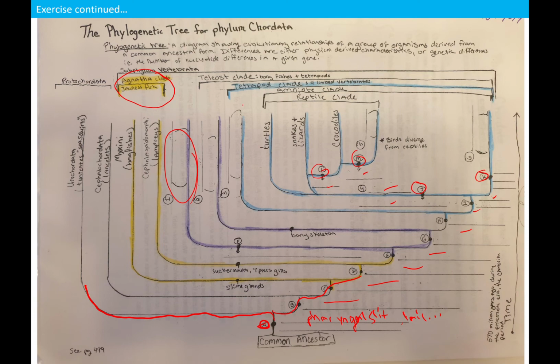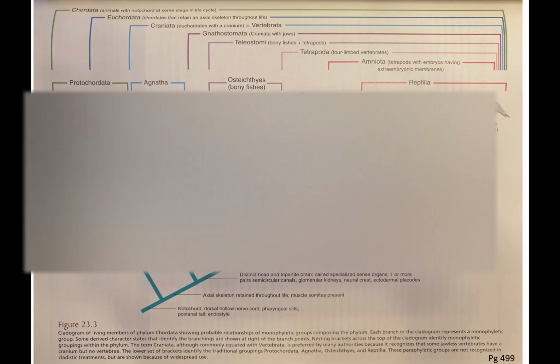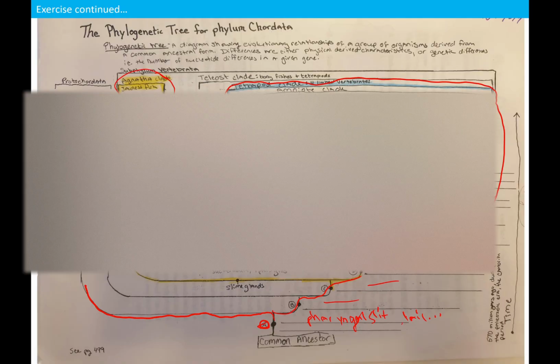Next, you have blue, and the blue includes the tetrapod clade. So I'm just going to outline all of this for you. These are four-limbed vertebrates. On the next page, you're going to find all of your answers to this diagram.